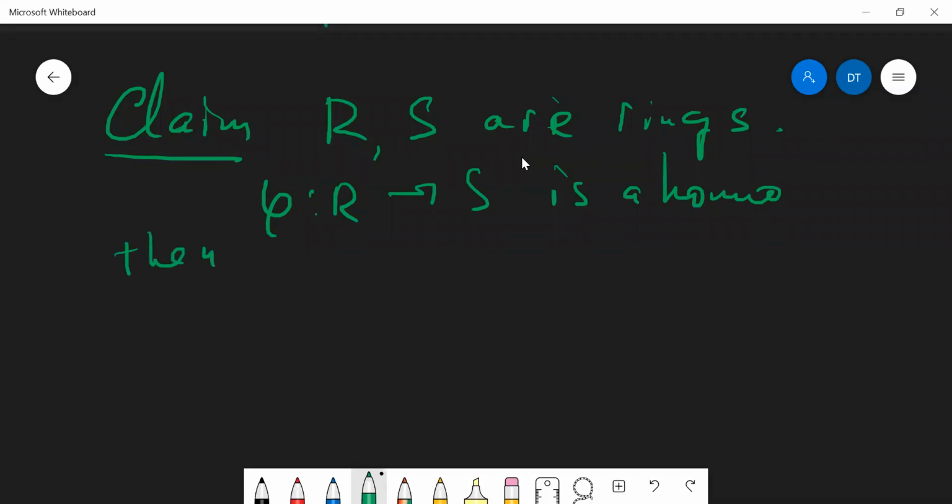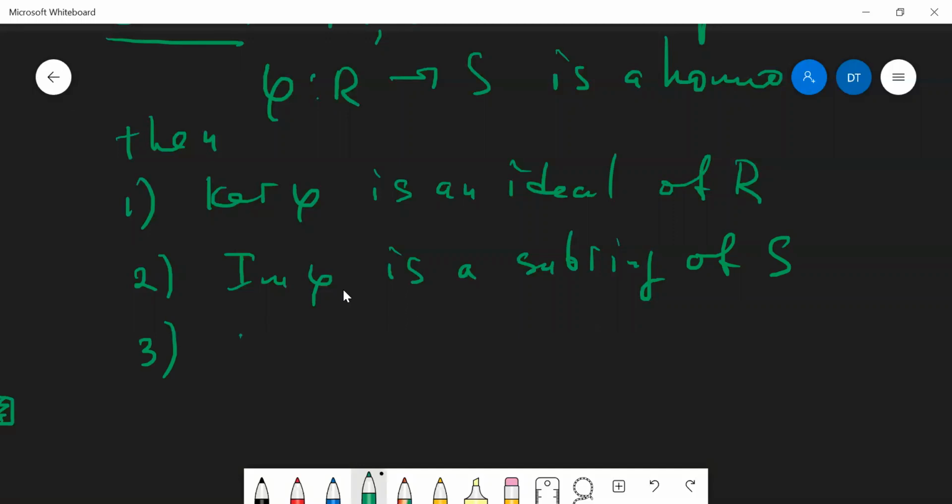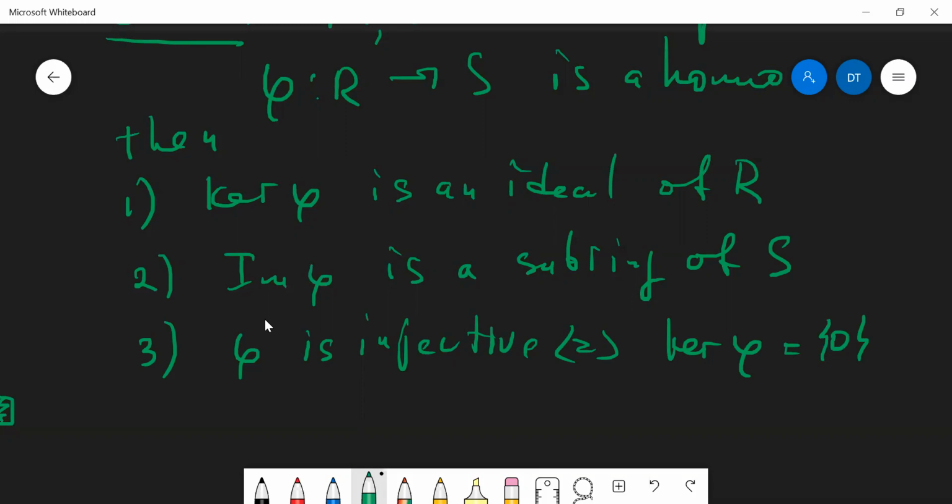Then, property number 1, the kernel of phi is an ideal of R. So it's a subset of R, and it's an ideal of R. The second thing, the image of phi is a subring of S. The third property, phi is injective if and only if the kernel of phi is equal to 0, which means it contains only the 0 element.